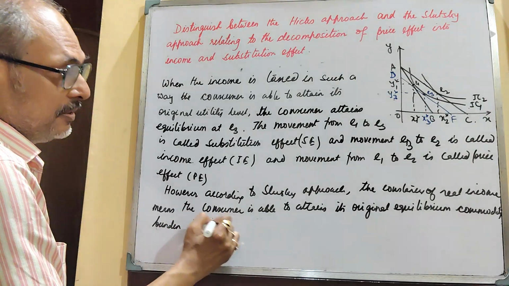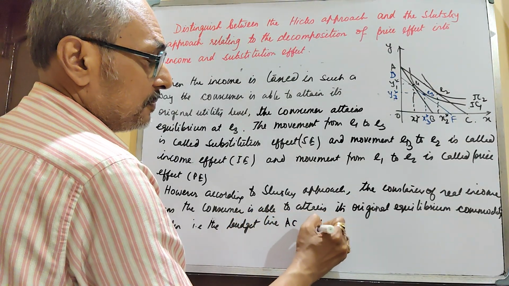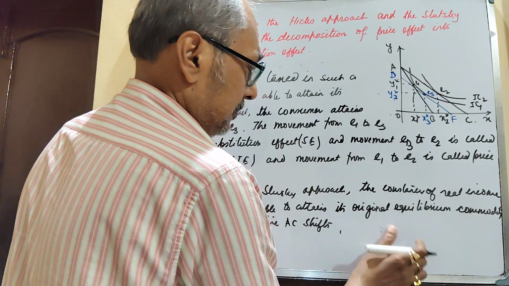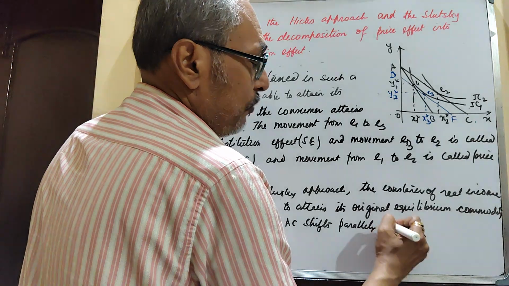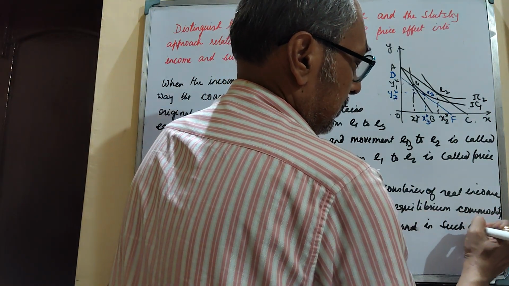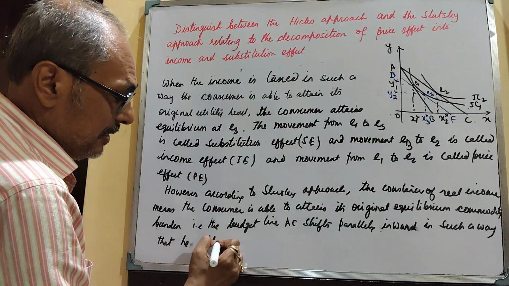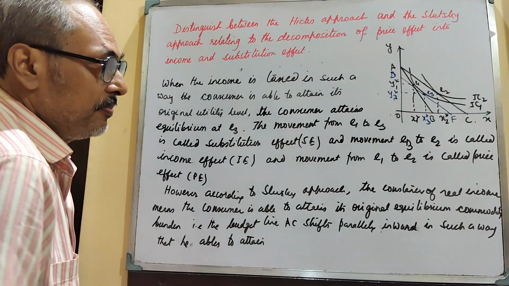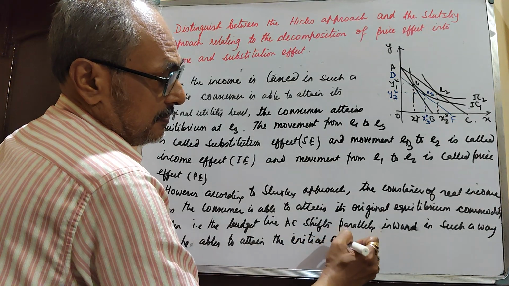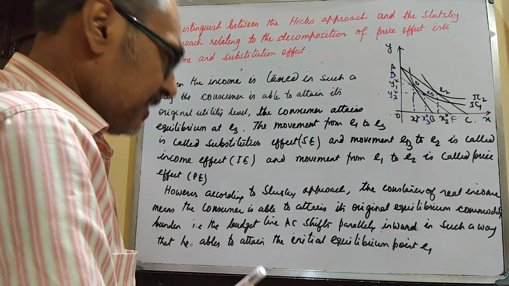That is, the budget line AC shifts parallelly inwards in such a way that he is able to attain the initial equilibrium point E1.